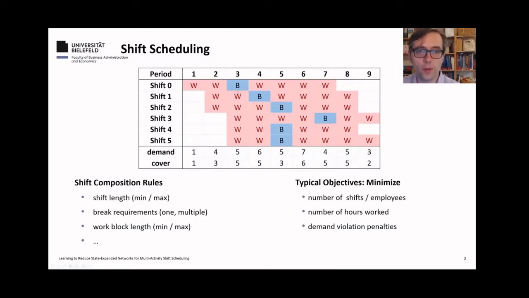In this simple example, there's only a single break, but in general there may be multiple breaks with different length, and there's often also a restriction on the length of certain work blocks. For example, there may be a minimum length of 2 work periods here and a maximum length of 5 work periods for each block of consecutive periods of work.